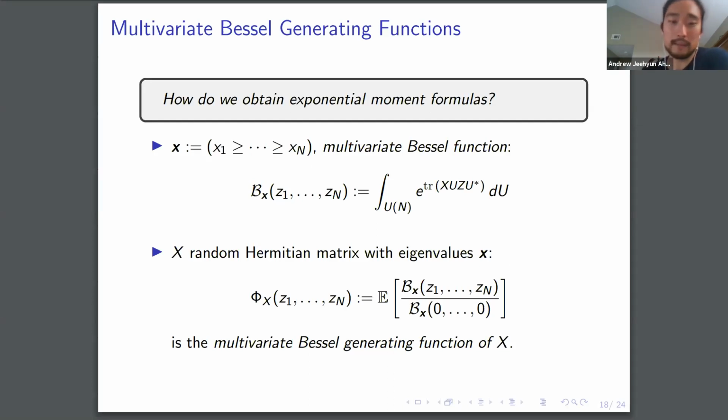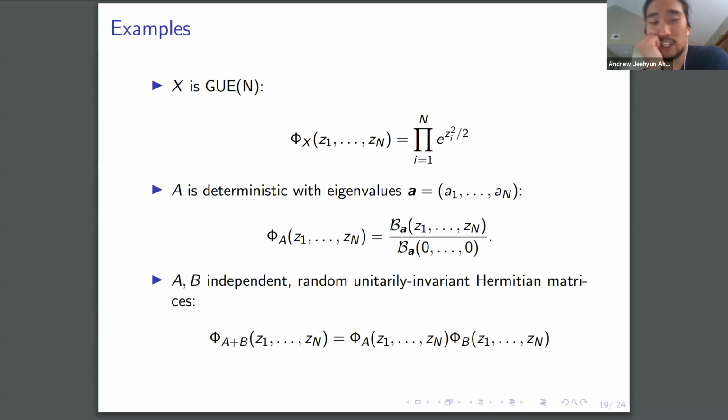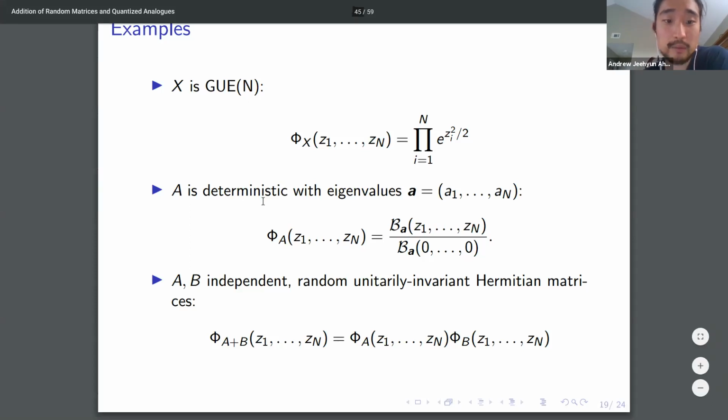So let me give some examples of MBGFs. If X is a GUE matrix, then you can compute that the MBGF of X is just a product of e to the zi squared over 2. This degenerates well in the case when n equals 1 to the Laplace transform. Right, so this is pretty simple. Another simple example is if A is deterministic.